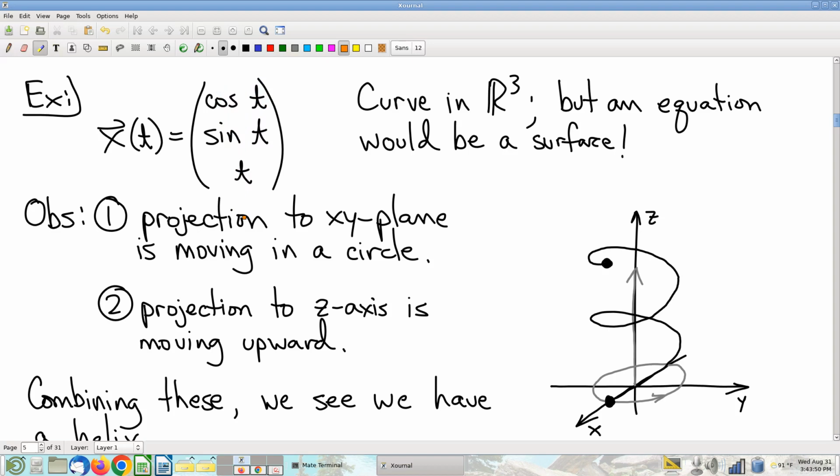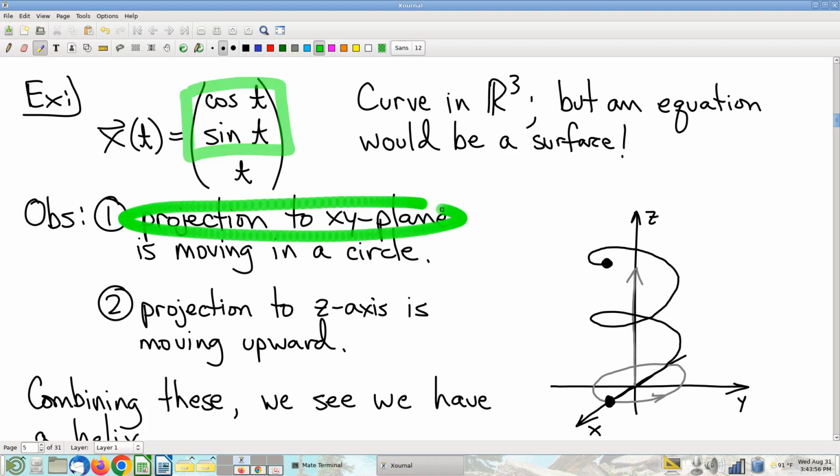First thing I want to do is look at the projection into the xy plane. I say this is the projection into the xy plane because I'm ignoring the z-coordinate. If you think about it, if you throw away the z-coordinate, whatever point you're at, you're just dropping straight down into the xy plane, below it, as it were.